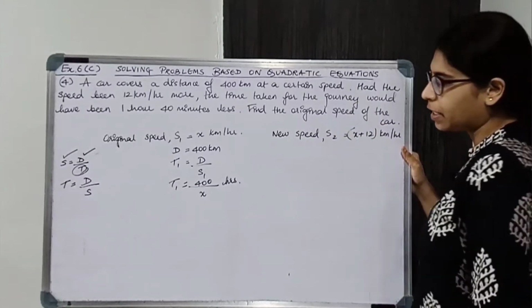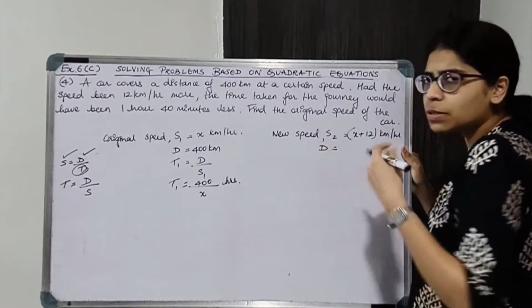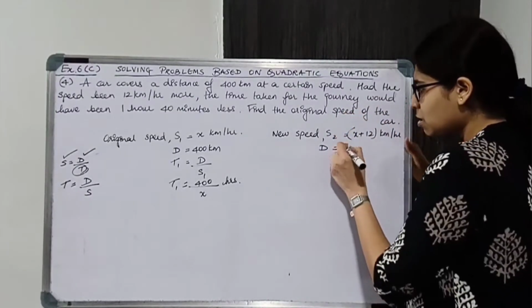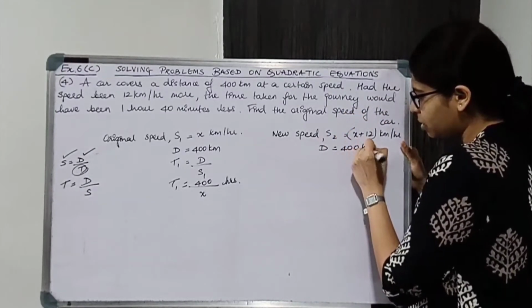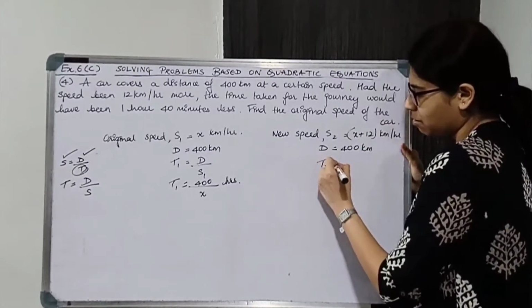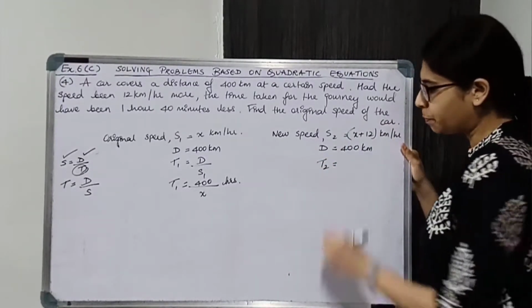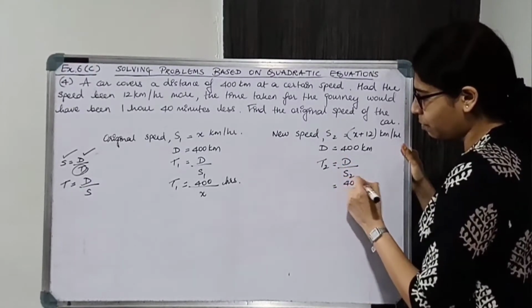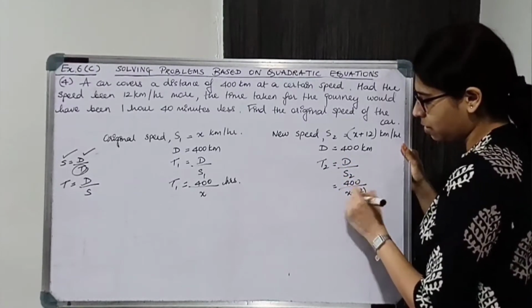Now distance will be the same. Distance has not changed, so distance is 400 km. Speed is more, time would be less. So what will be T2? It will be D upon S2, that is 400 upon x plus 12 hours.